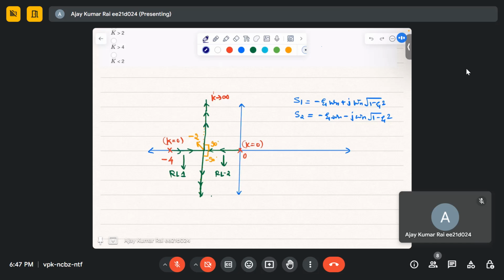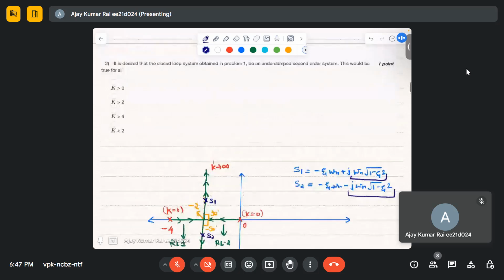Now if I choose other points here, S1 and S2 are a conjugate pair, right? So they also have the imaginary part. And what is the characteristic of an underdamped system?